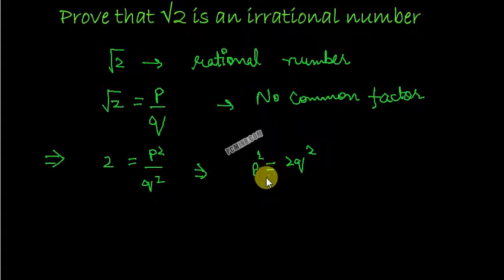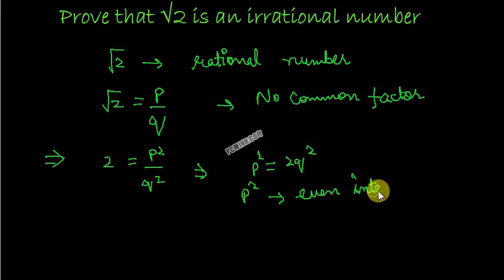And if p square is equal to 2q square, this means that p square is an even integer, because I get it by multiplying 2 with q square. So even if the square of q is, say, a number 9, which is odd, when you multiply it with 2, you would get 18. Therefore, p square is definitely an even integer.